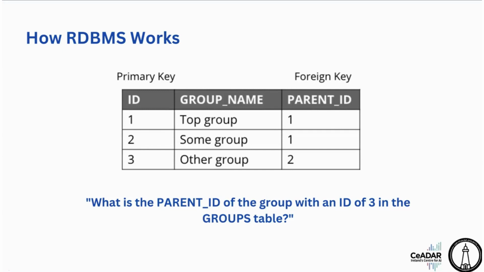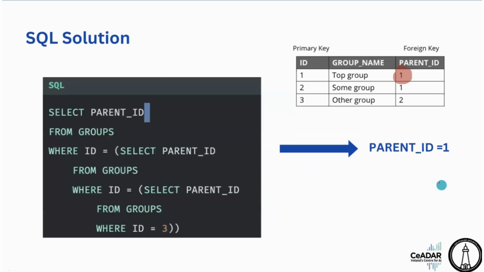Now we have a question: what is the parent ID of the group with an ID of 3 in the group table? We have to find the parent ID of the group with primary key ID of 3, and what is its group table ID. Let's see how it's being done.